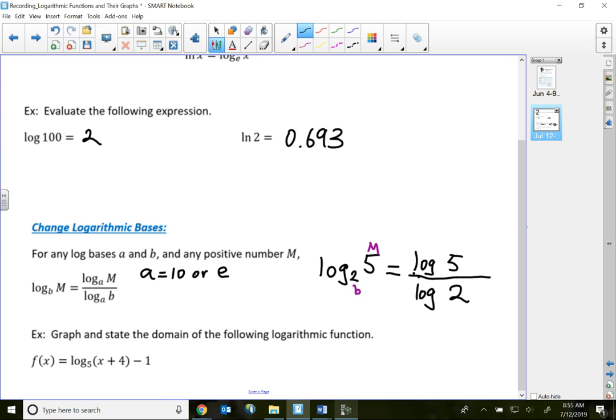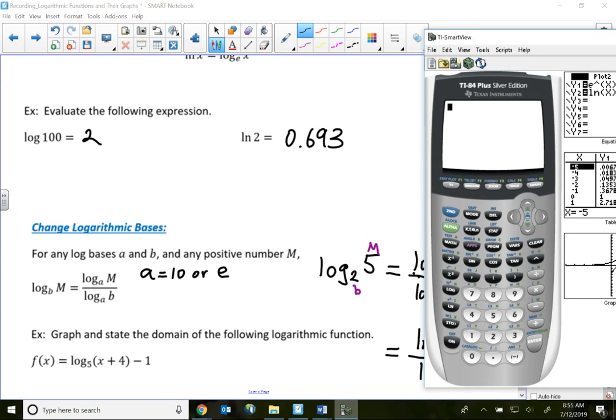I can put that in the calculator. Now, if base a is e, that's also referred to as natural log, right? Natural log is logarithm using base e. So that would be natural log of my m, which is 5, over natural log of my b, which is 2. Both of these give you the same answer.